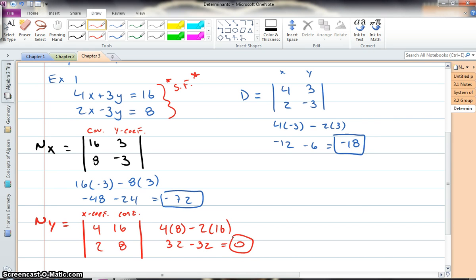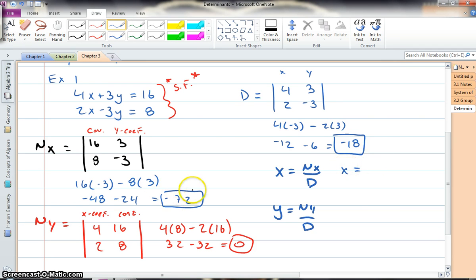So now that we have all this information, let's find the solution to my system. Your x value is going to be the numerator x over the denominator. And the y value is going to be your numerator y over the denominator. So that's how we calculate the two solutions to our system. So let's do it.